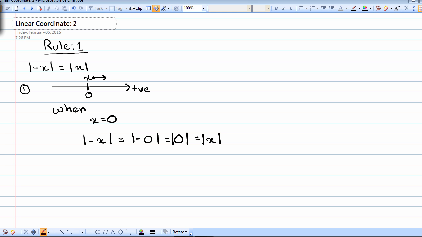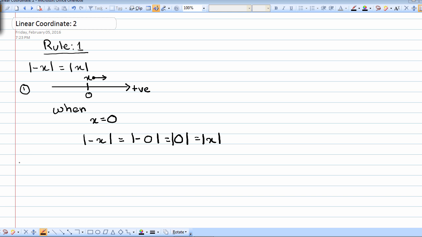So this can be equal to the absolute value of x, because currently x does not have any sort of symbol. So this proves that when we apply the absolute value on negative x, it can also be written as the absolute value of x. Now this is one form or one step.